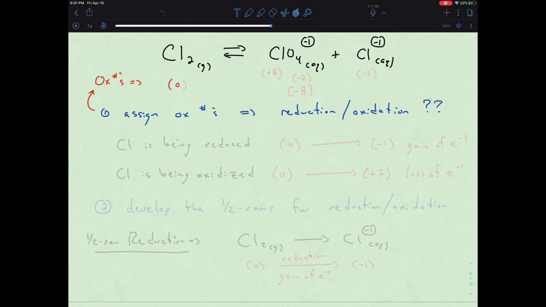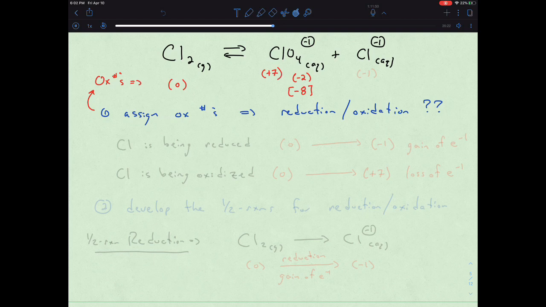For our chlorine, each one of those chlorines would be 0, since that's in its natural elemental state. If we look at the perchlorate, our oxygens are in that -2 oxidation state, and since there are 4 of them, has a total of -8. That means that this chlorine must be in the +7 oxidation state, or have the +7 oxidation number.